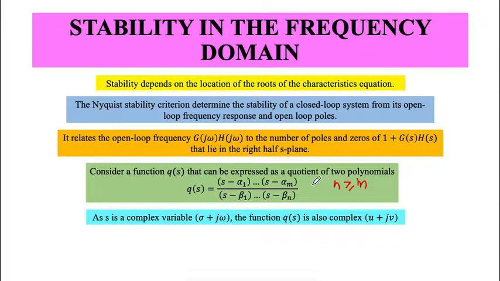So if this is a complex variable, the function Q(s) is also a complex variable. Let me call that u plus jv in new axes. So I start from sigma plus j omega and I go to u plus jv axes. This is the map Q(s), mapping, right? So Q takes s, computes all these things and gives me Q(s).